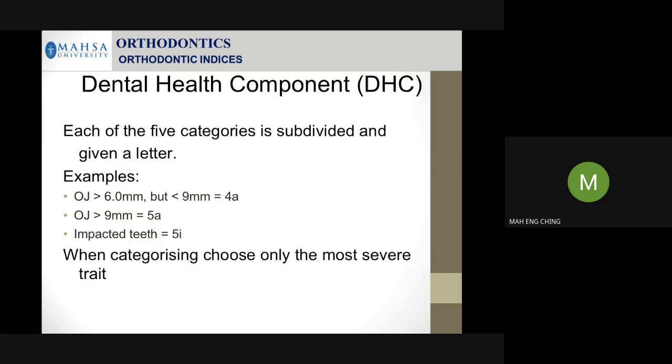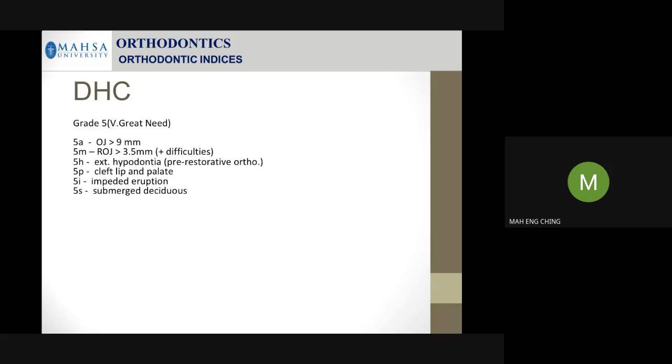According to the severity of the problem, they grade them 1 to 5. But when you grade the IOTN, you only choose one, so you choose the most severe trait. So let's say the patient has a 3D, then you have a 5A, of course you go for 5A rather than the 3D. So you always go for the most severe category or the most severe grade.